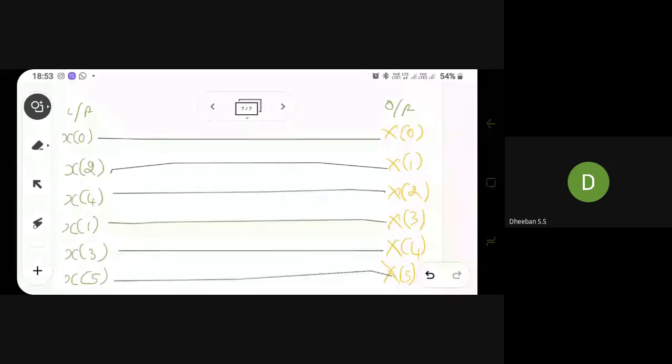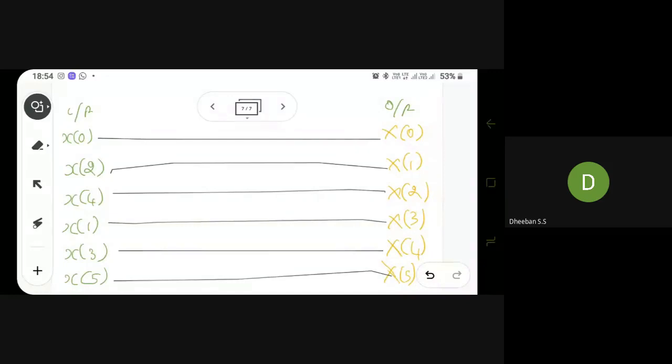So now we have drawn the lines. Here, as I said, it will be of two stages or three samples. Two stages, so this input will be traversing two stages.